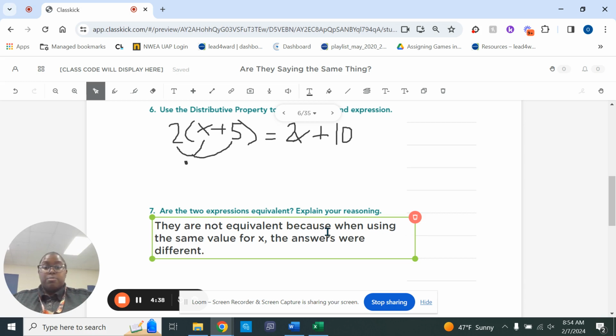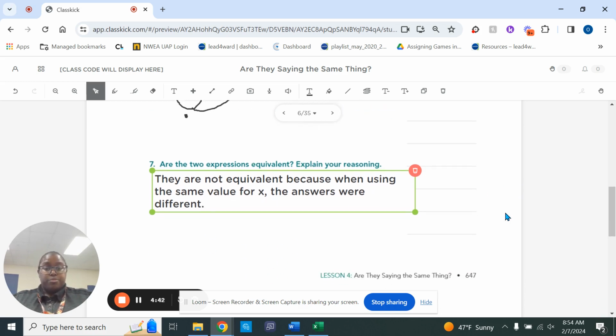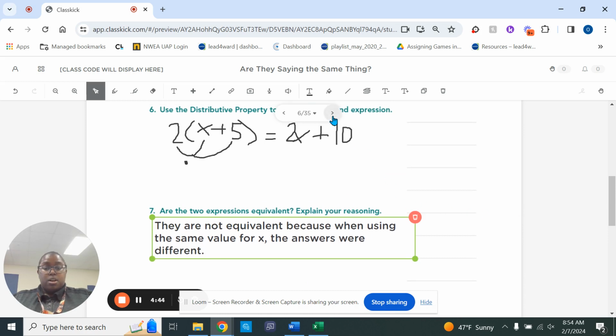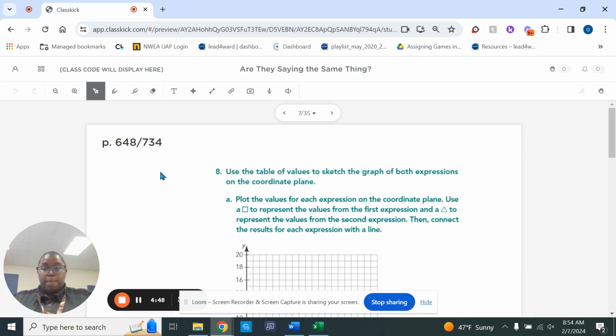So they're not equivalent because when using the same value for x, the answers were different. All right, let's go to the next page.